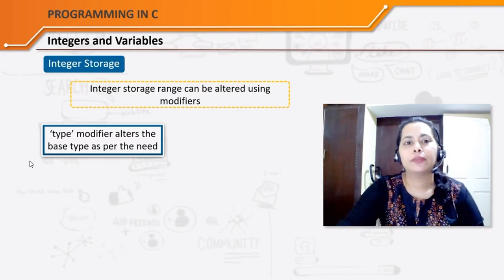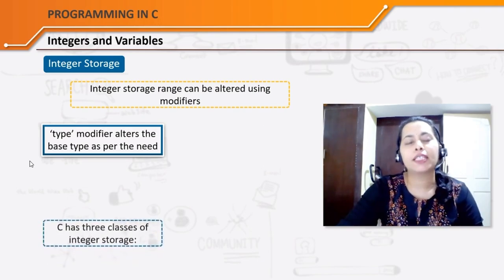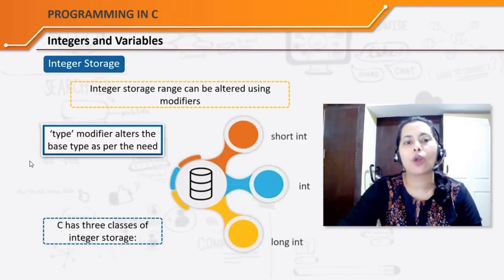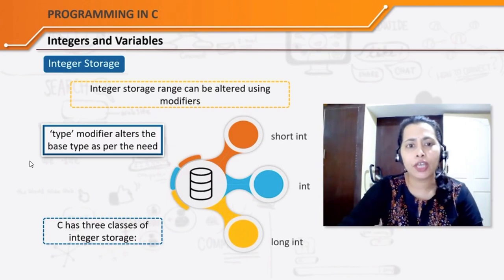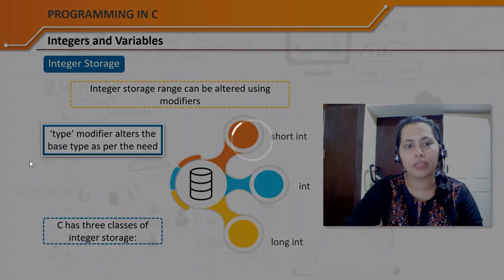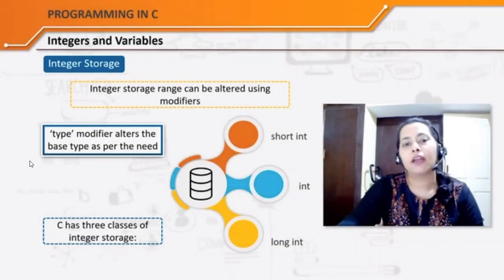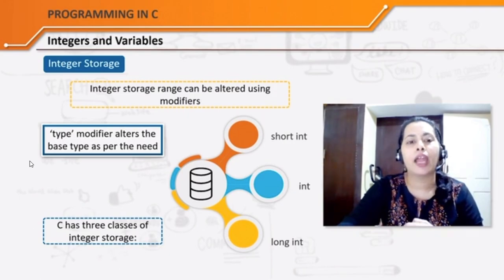The modifiers that we can see here are short and long, which are usually preceded before the data type that we use. Now, short here will have the lesser range of values than int, and long has the higher range of values than int.